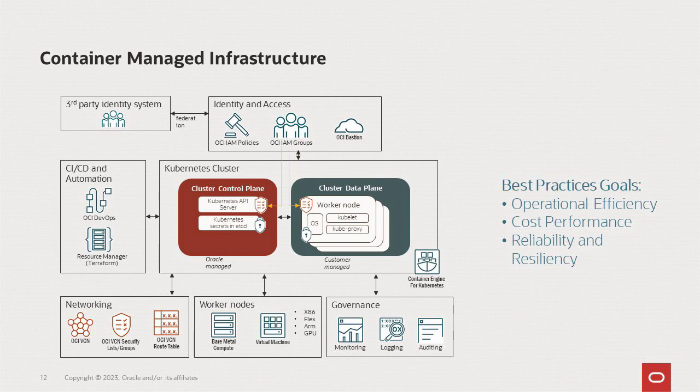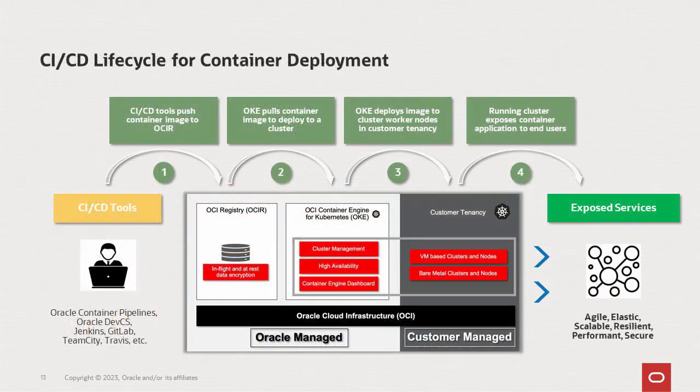With the CI/CD pipeline, you can automate your complete pipeline from development to deployment to monitoring, etc. And last but not least, the master node is managed by OCI, and the worker nodes you have the complete capability to manage yourself from a governance perspective, right? Again, operational efficiency, tying up with the best practices. We provide you the operational efficiency, because maintaining the operations of managing Kubernetes is really resource intensive, right? A typical view of a complete CI/CD pipeline.